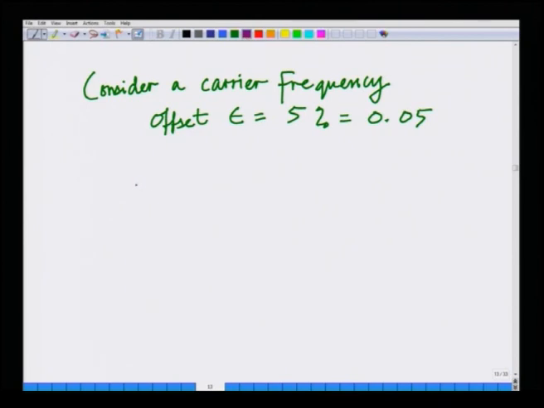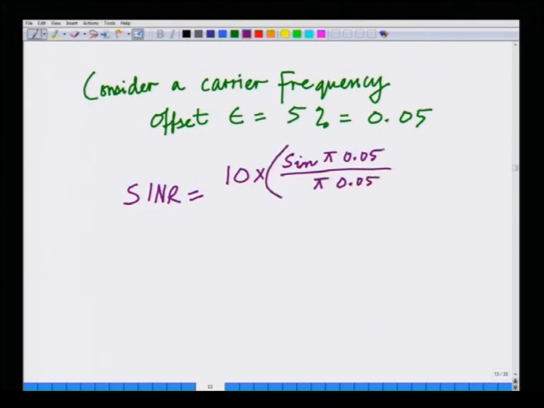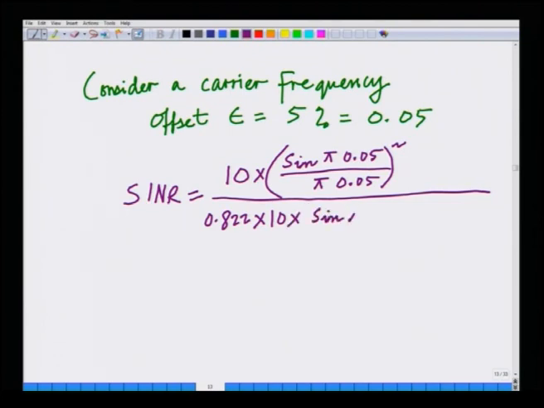Then we have the SINR equals, remember, SINR equals P, that is 10, into magnitude h square into (sin pi epsilon divided by pi epsilon) whole square, that is sin pi into 0.05 divided by pi into 0.05 whole square, which is 0.822, divided by P, it is 10 into (sin pi epsilon, which is 0.05, sin pi of 0.05) whole square plus sigma n square, which is the noise power, which is 1, and you can verify this by computing, this is 8.25.